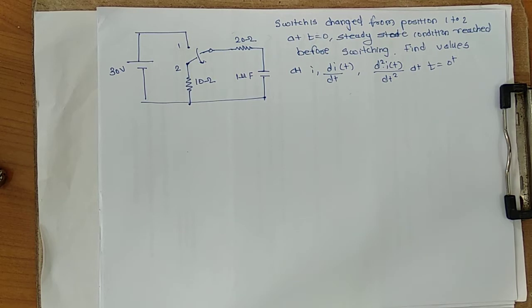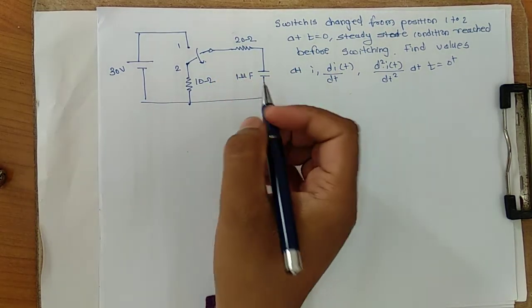Here there is a previous condition at 0 plus, meaning before switching the circuit was in a steady condition, meaning there was a current flowing through that circuit at a constant value. Then what will happen when you switch on? So what will happen with the circuit, that you have to find out. You can see the figure.